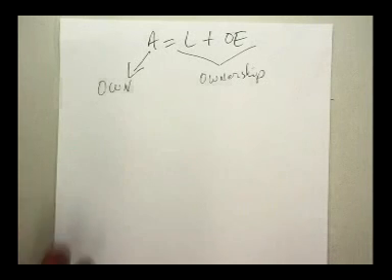And so when this was developed, we had to figure out a way other than this equation to keep track of things, because this does not tell us everything that we need to know.